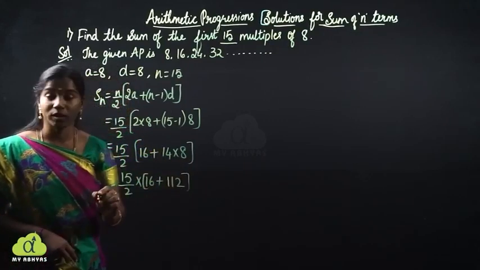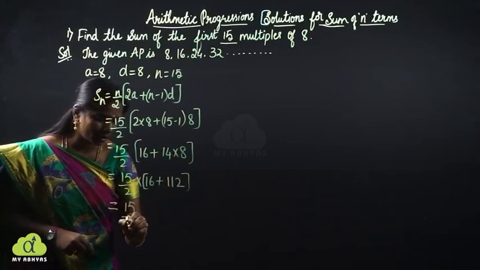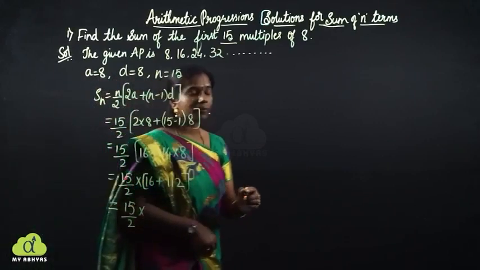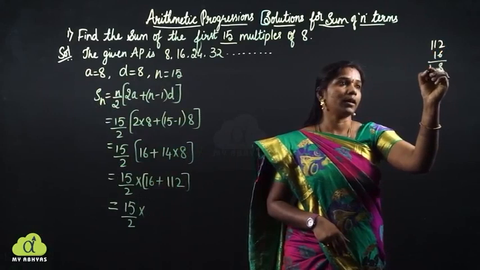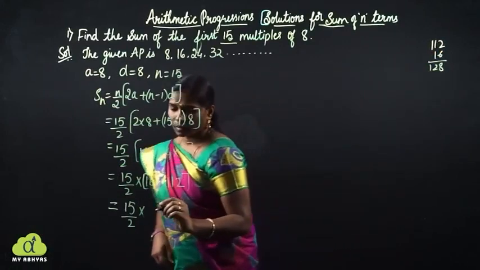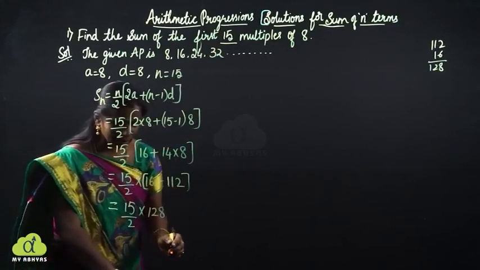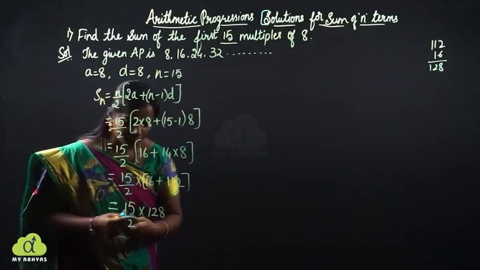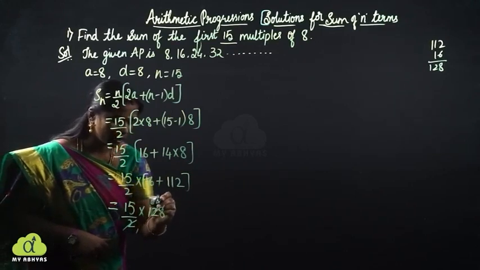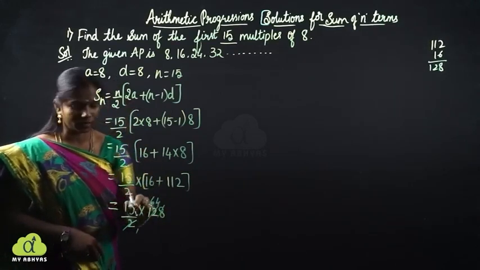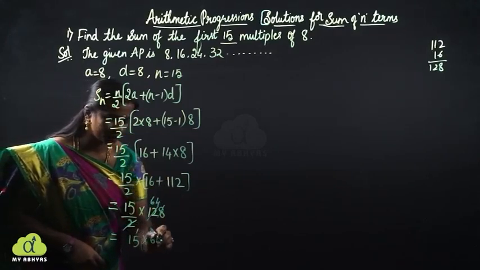Now write it and do it very systematically. Further, it is 15 divided by 2 into 16 plus 112. Yes, it is 128. Now cancel this. It is 2 ones are 2, 2 sixes are 12 and 2 fours are 8. It is 64 and 15 are left over here. It is 15 and 64.